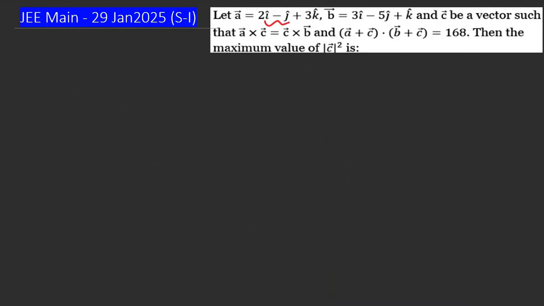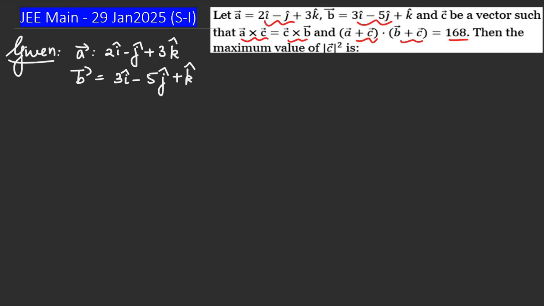Again, we have a simple question here. Given A vector and B vector, C vector is such that A cross C is equal to C cross B, and the dot product of A plus B and B plus C is equal to 168. Then we find the maximum value of mod of C square.